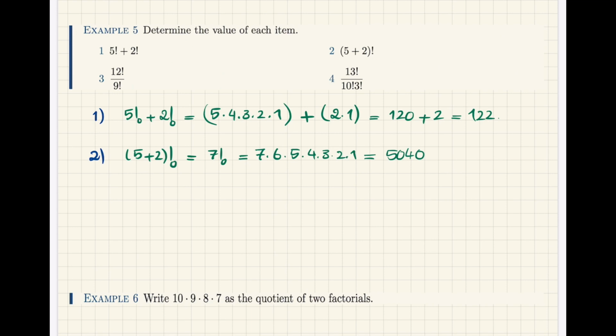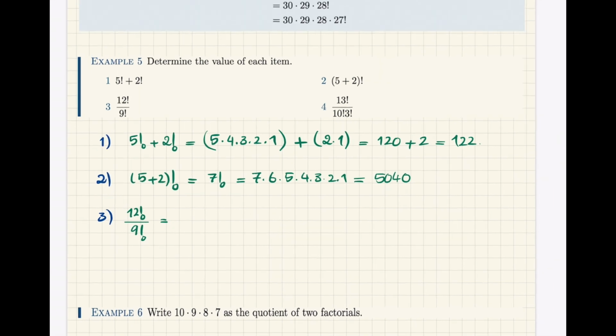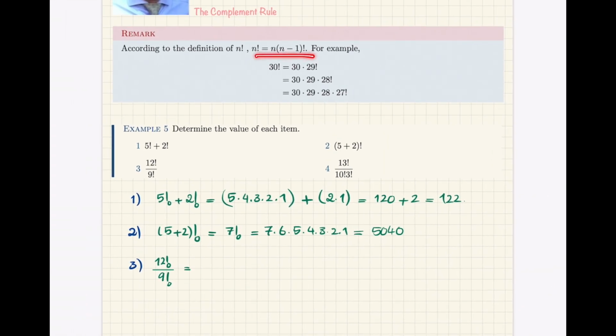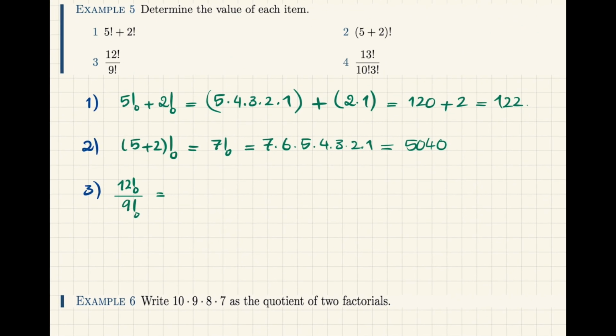So if I want to simplify that, for example, I would say 12 factorial divided by 9 factorial. In principle, I can write all the factors in 12 factorial and all the factors in 9 factorial, but there is no need for that. I can use this remark. So instead of 12 factorial, I can write 12 multiplied by the previous number 11 multiplied by the previous number 10 multiplied by the previous number's factorial.